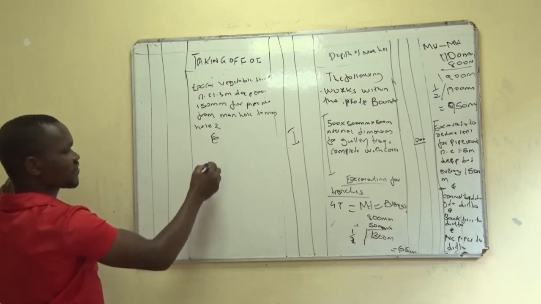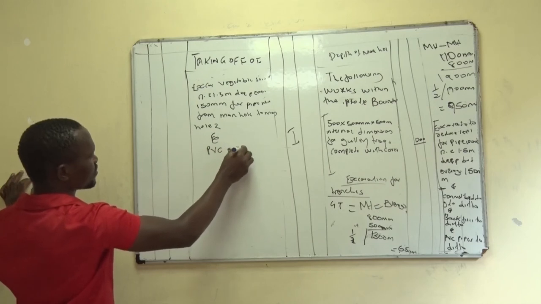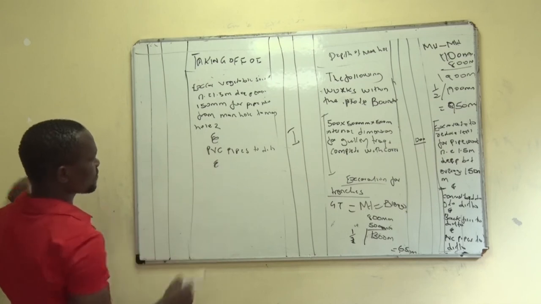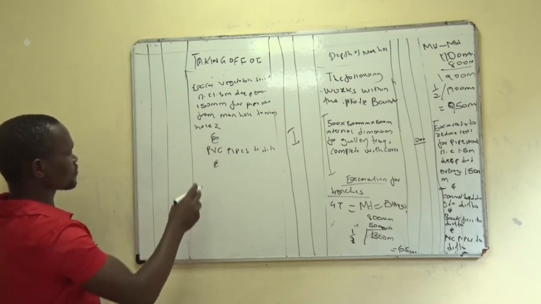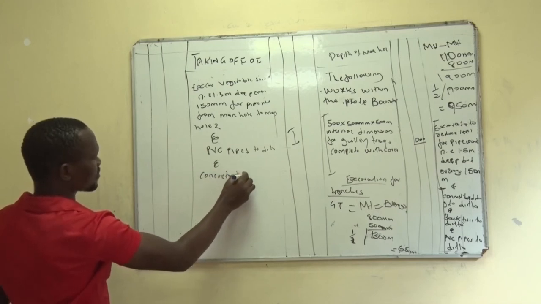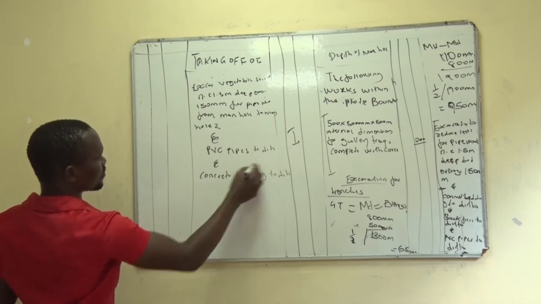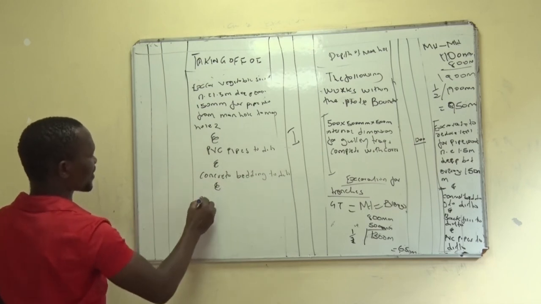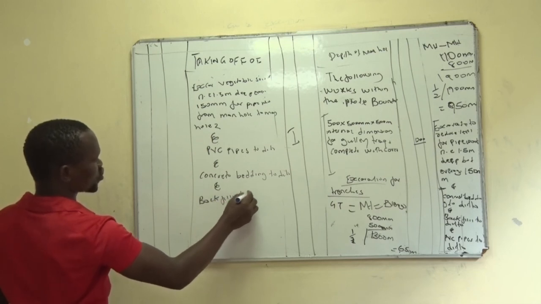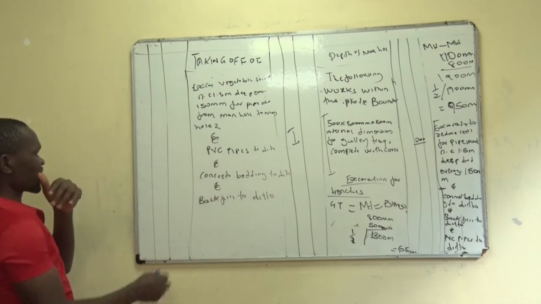Again, we have PVC pipes to detail. We have concrete bedding to detail. Then we have backfill to detail, because after putting the pipes, we have to backfill.